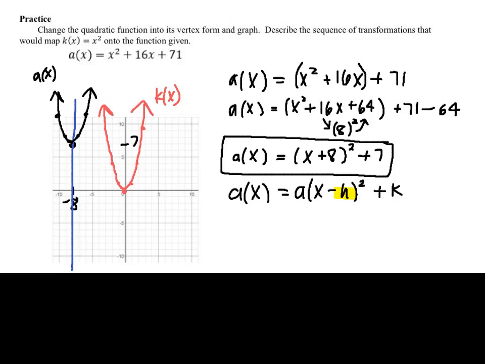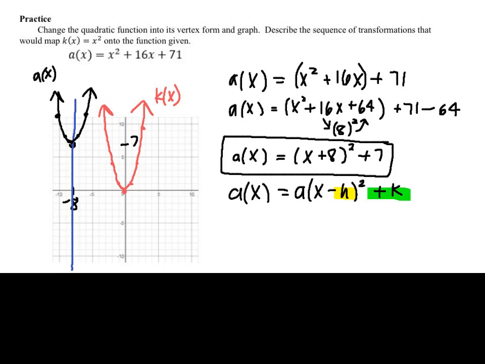This h value right here will tell you how many units to the left or to the right your parabola, in this case, is translated. The k value, just like the absolute value functions, will tell you how many units up or how many units down your parabola has been translated.